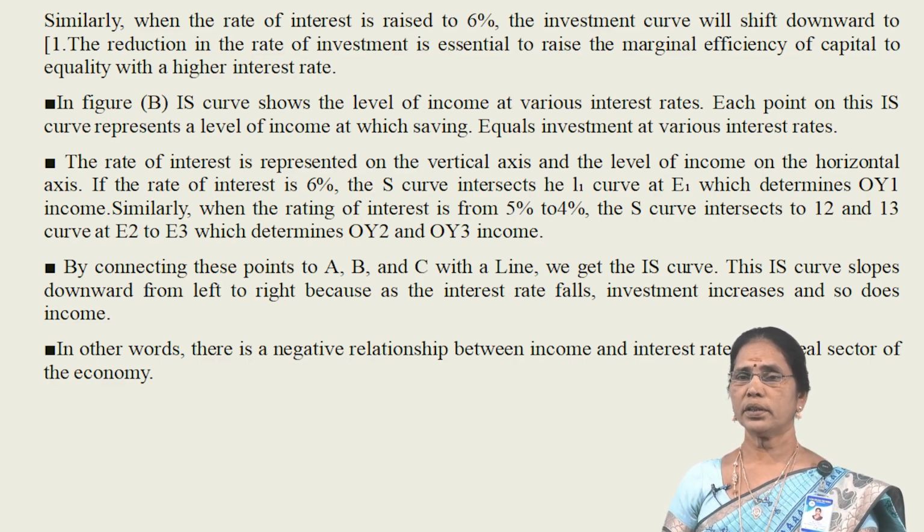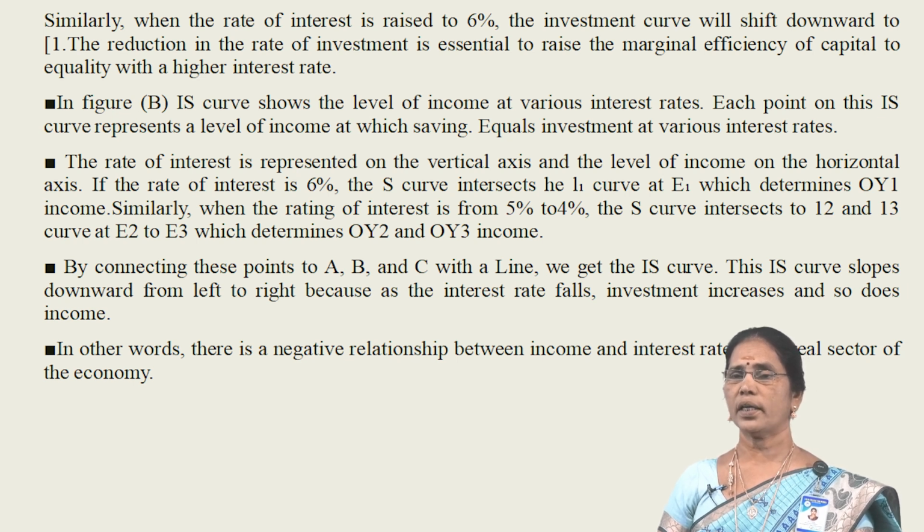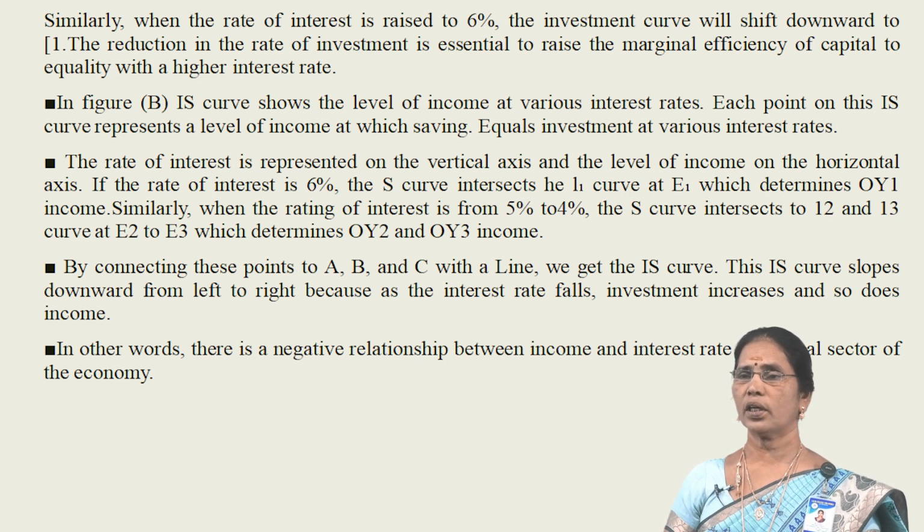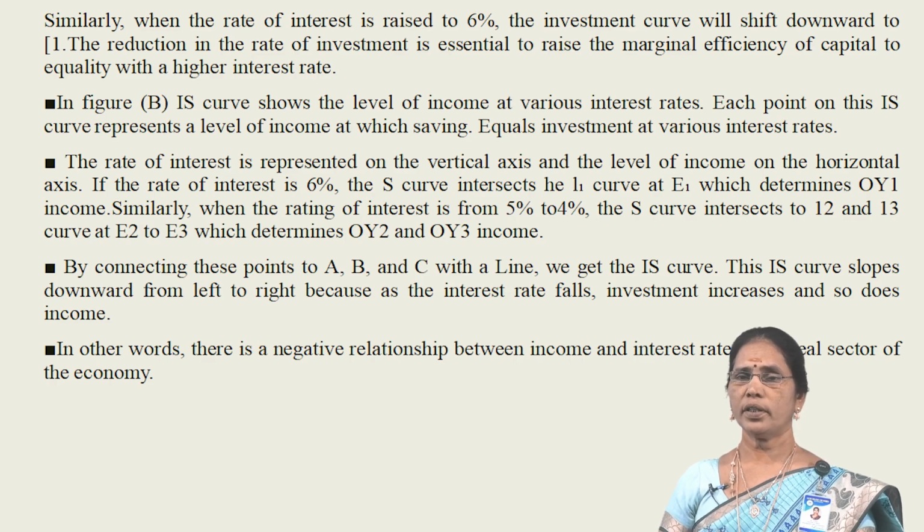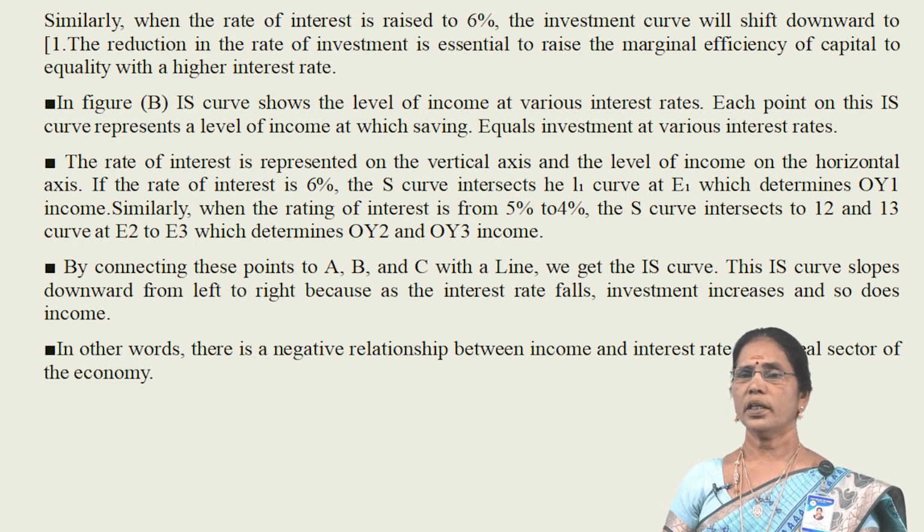The rate of interest is represented on the vertical axis and the level of income on the horizontal axis. If the rate of interest is 6%, the saving curve intersects the I1 curve at the E1 equilibrium level of income.